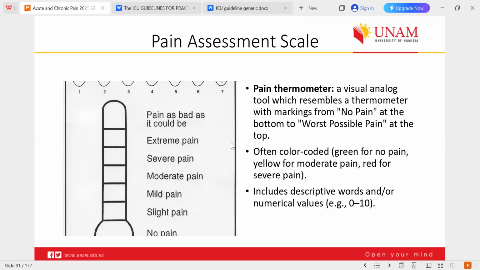It's often color-coded: green for no pain, yellow for moderate pain, red for severe pain. The advantage of this is that it has different words to describe the pain: no pain, slight pain, mild pain, moderate, severe, extreme. And the last one, the red part of the thermometer, is pain as bad as it could be.